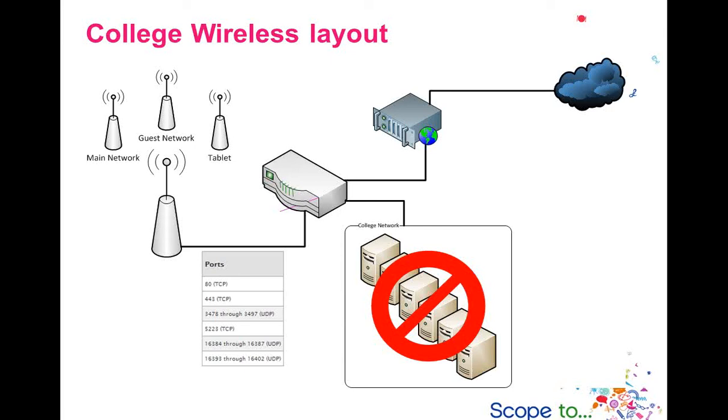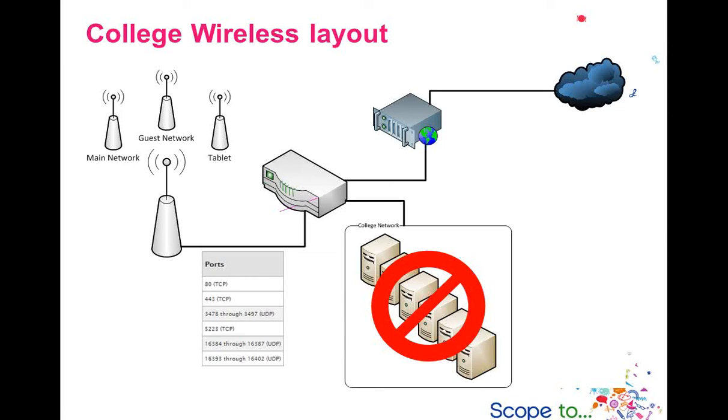So the way that we've done this in college is we've got the main college network, which is what college laptops connect to. They've got access to server shares, all the infrastructure, the same as desktops. We've got a guest network. Our guest network is a network where we can click on a button and it spits out a username and password for, say, a day.